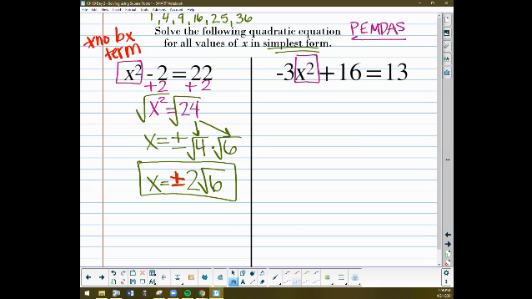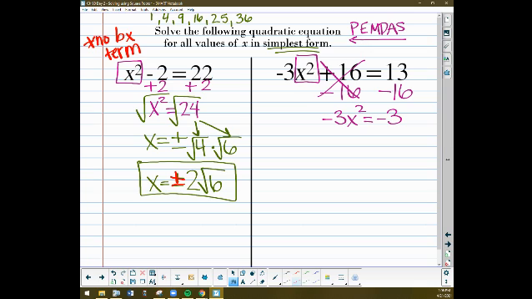So I first look to see if there's anything I can add or subtract away. And there is. There's 16. So I'm going to do the opposite operation and subtract 16 from both sides. Okay? Now I know that those cancel out, so what I have left over here is negative 3x squared, and that's equal to negative 3.